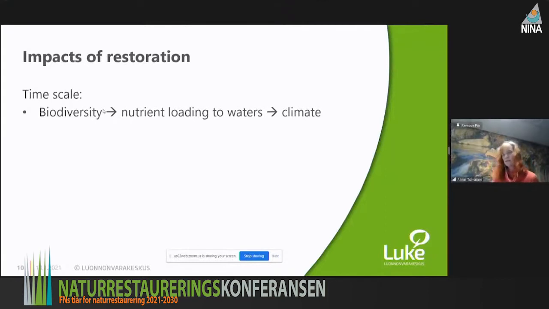If we look at three main variables, biodiversity, nutrient loading to waters, and climate, they respond at different speeds to peatland restoration. And that's why the benefits of restoration come into reality in different time periods, and sometimes there can be even conflicts with these benefits at the short time scale.